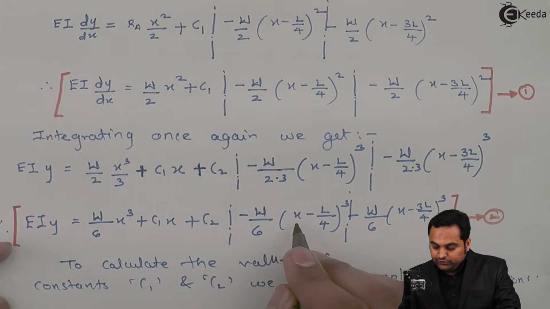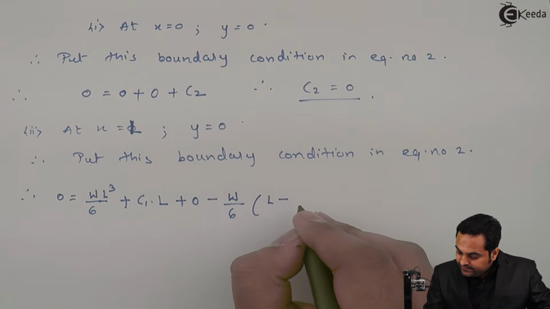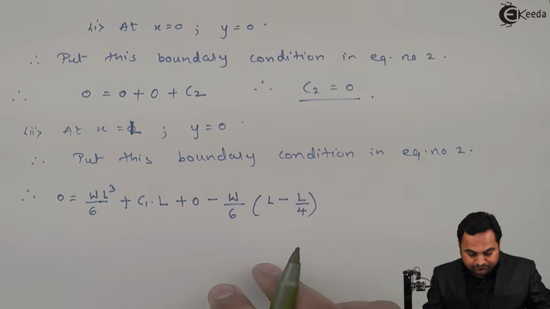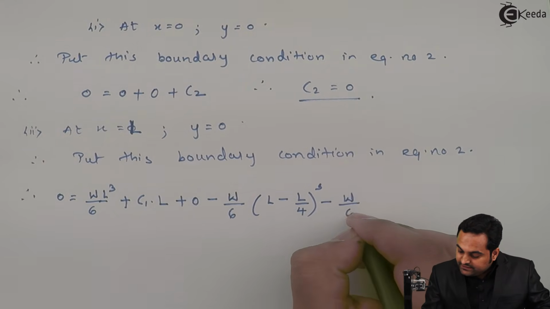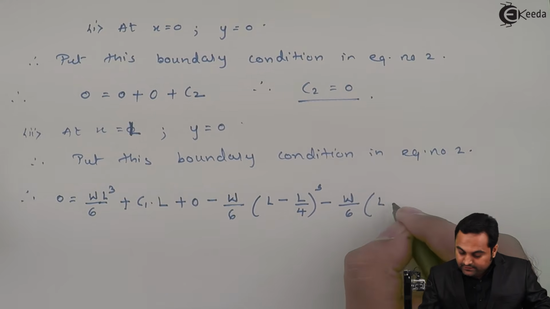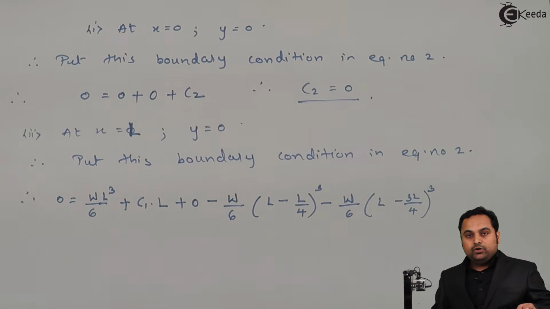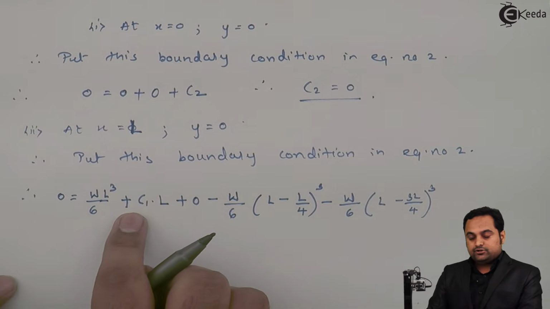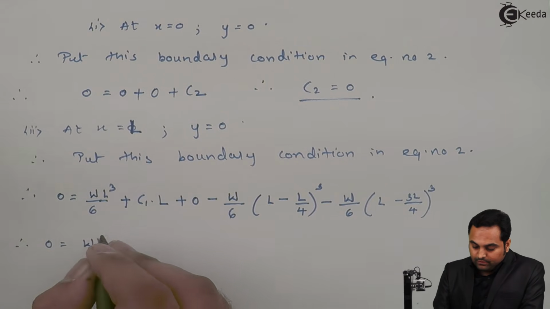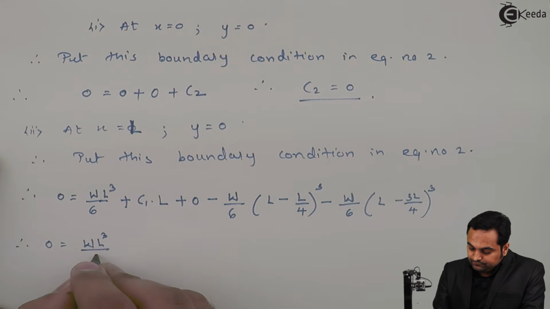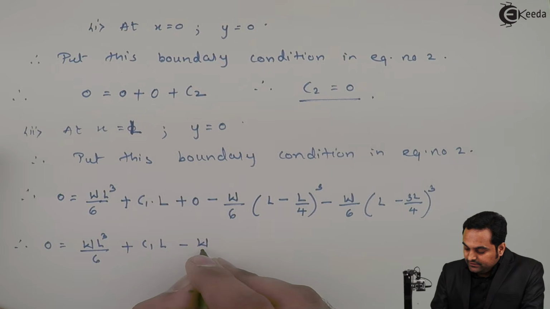Here we have x, so instead of that I'll put L, (L minus L by 4) cube, minus w by 6, x is L, (L minus 3L by 4) cube. So I need to simplify this to get the answer of C1. Plus C1 into L minus W by 6.